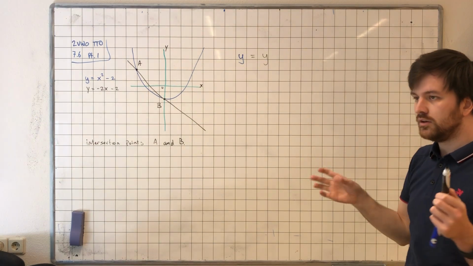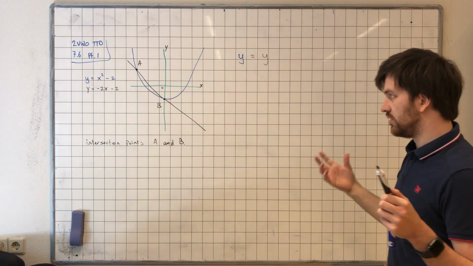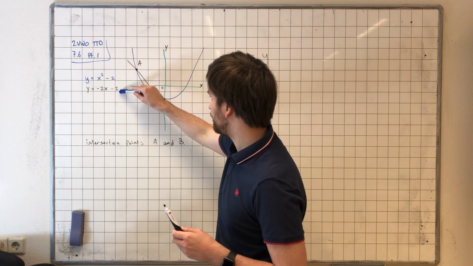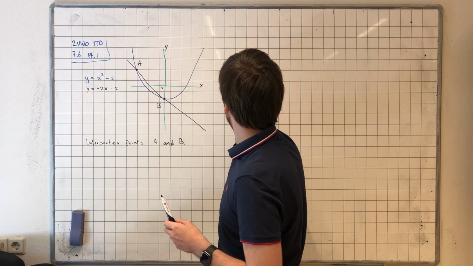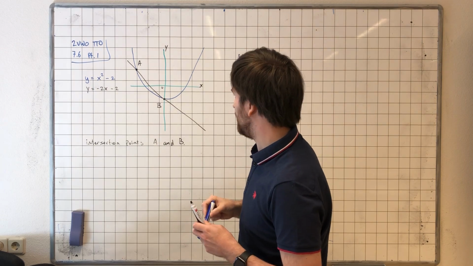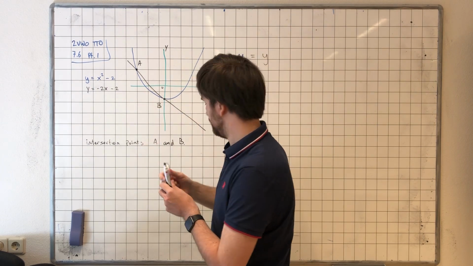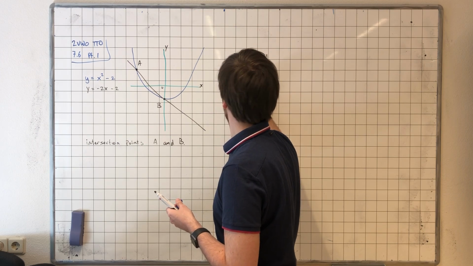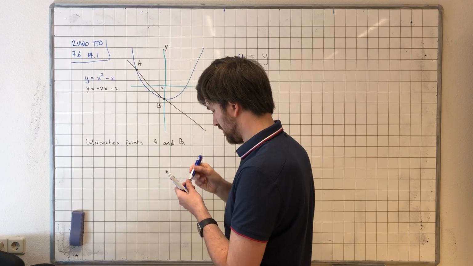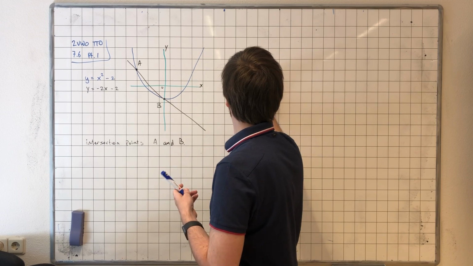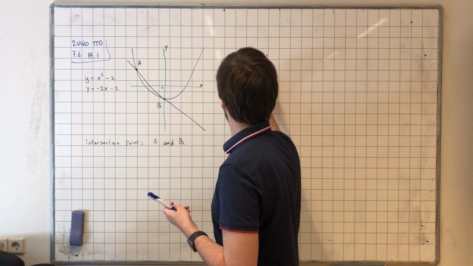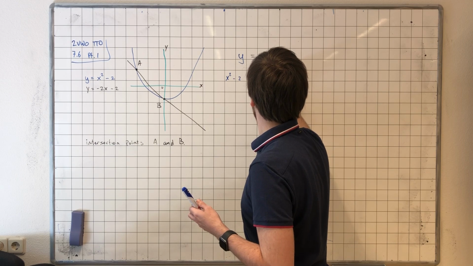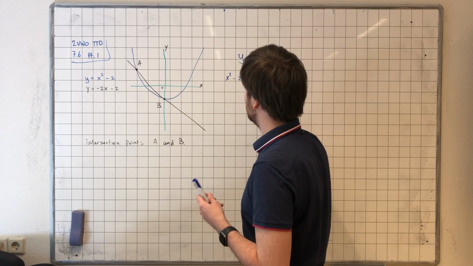But so far, we're actually stuck, so we have to do something. We're going to use these two formulas and fill them in. So the blue one, x squared minus 2, is equal to minus 2x minus 2.